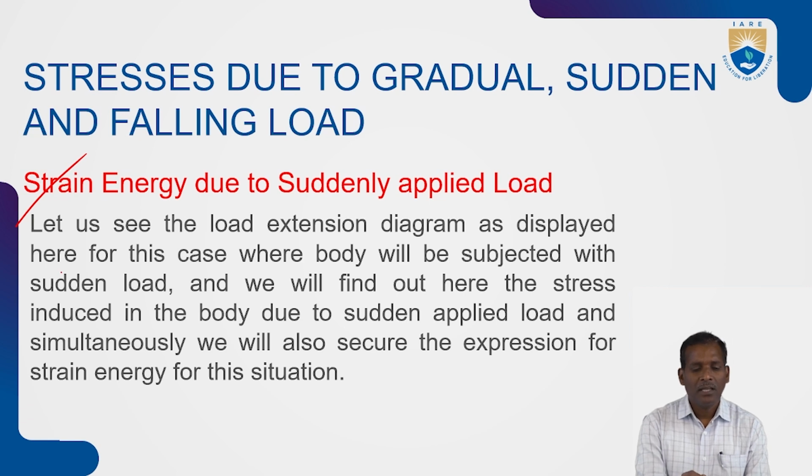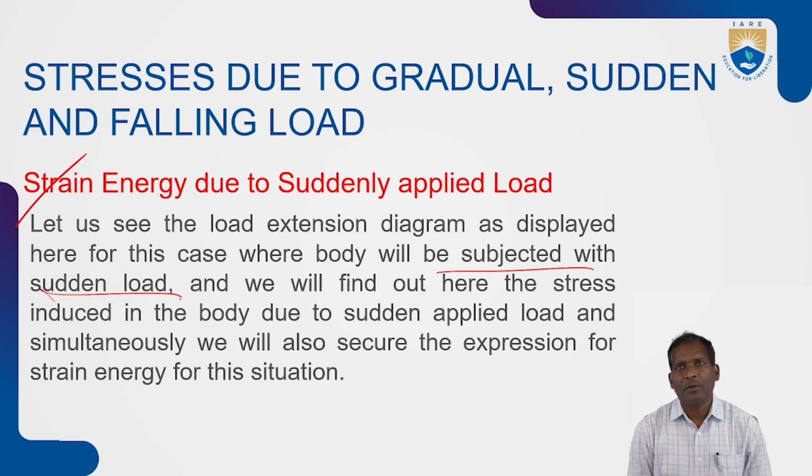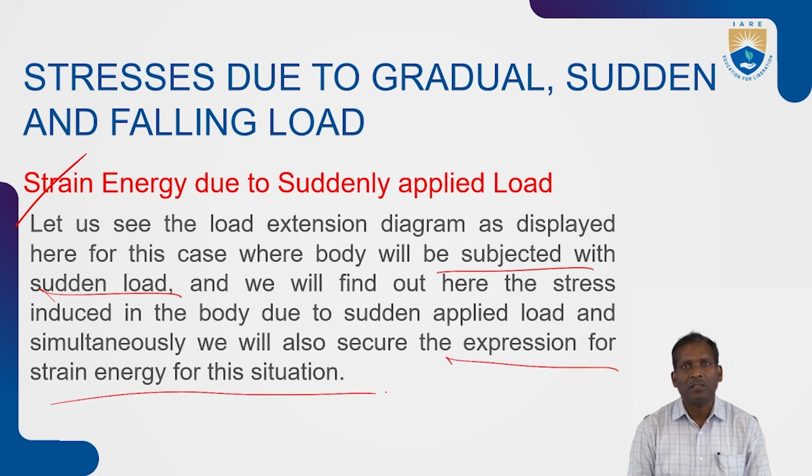Let us see the load extension diagram as displayed here for this case, where the body is subjected to sudden load. We will find out the stress induced in the body due to the suddenly applied load, and simultaneously we will also derive the expression for strain energy for this situation.